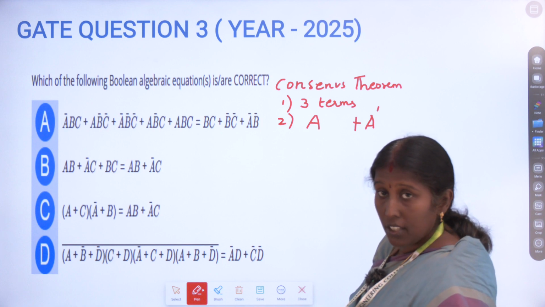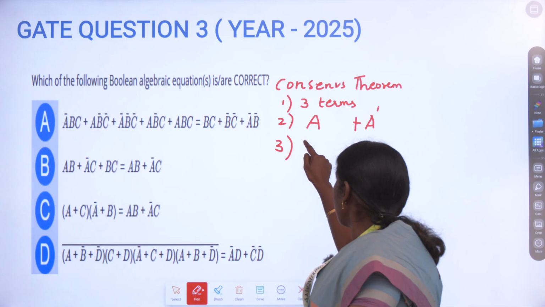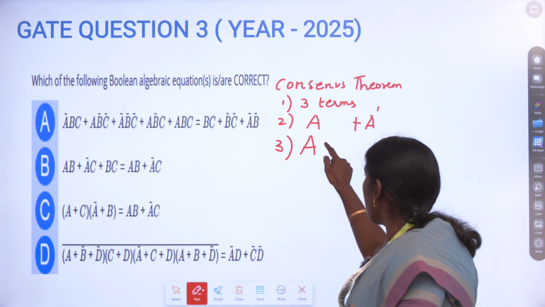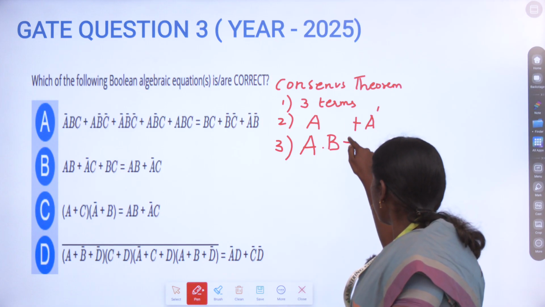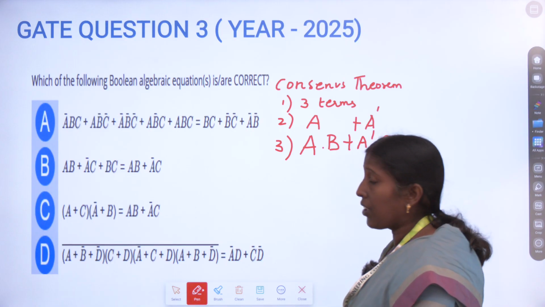This is your rule number 2. The third rule is, along with this variable you can have any variable for a choice. Let me take B as my variable in the first term, and along with the second term, let me take C as my variable.